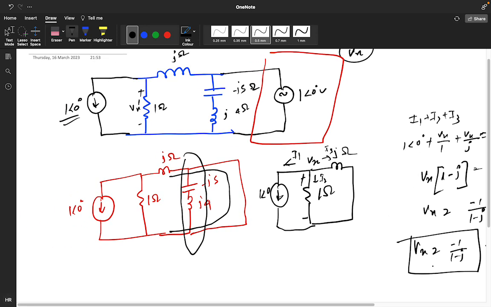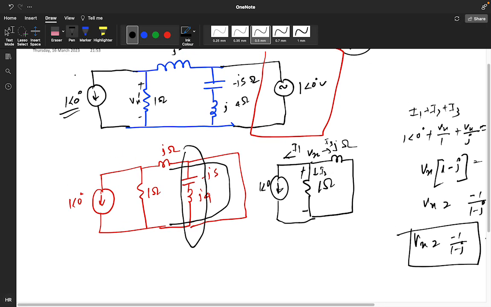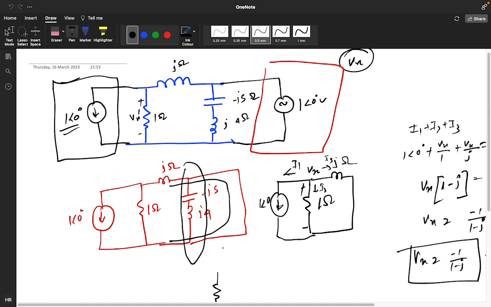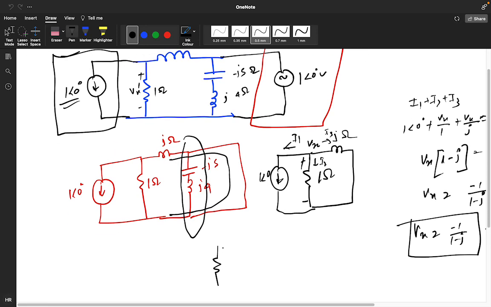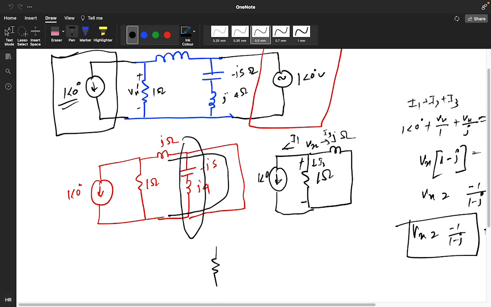Now if you deactivate this particular thing, your circuit will become like this. For deactivating the current element, it becomes open circuit. So these things will become open circuit, the remaining thing will be there.